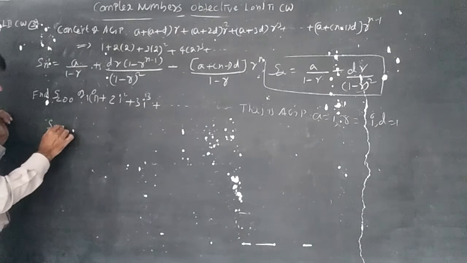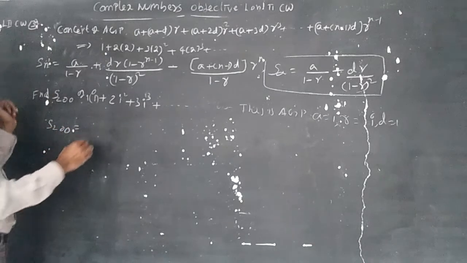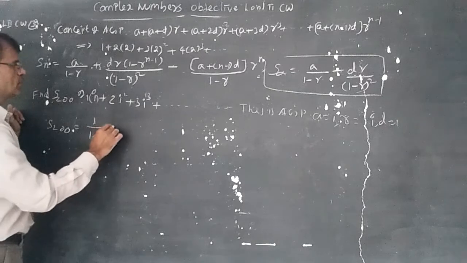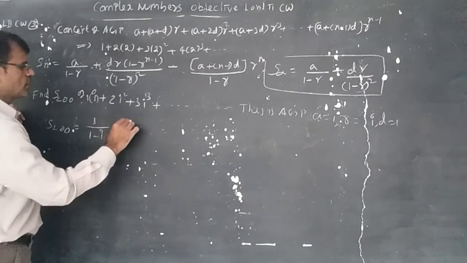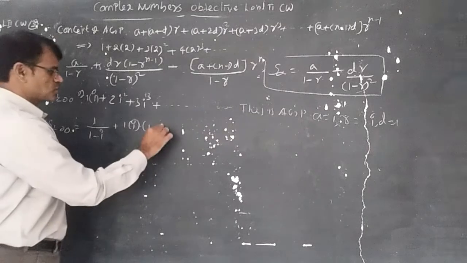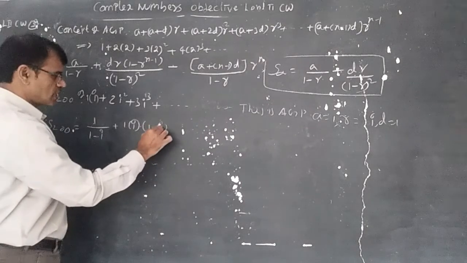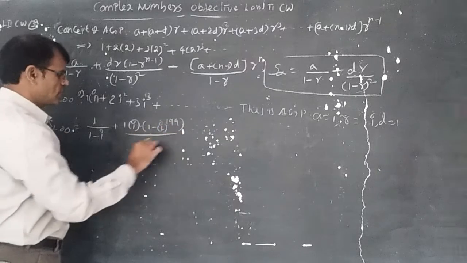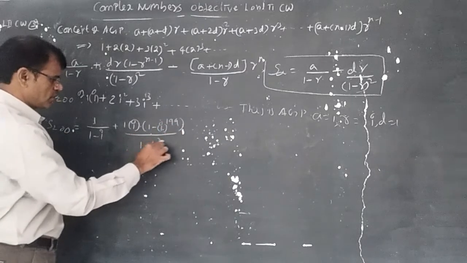S 200: a by 1 minus r, a meaning 1, so 1 by 1 minus i, plus d, meaning 1, into r, this is i, into (1 minus i power 199) whole by (1 minus i) whole square.